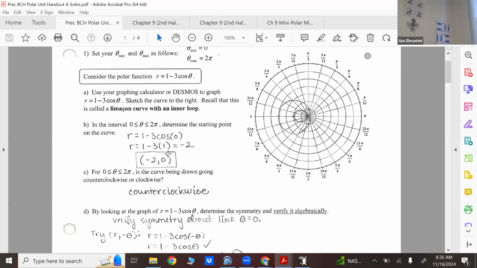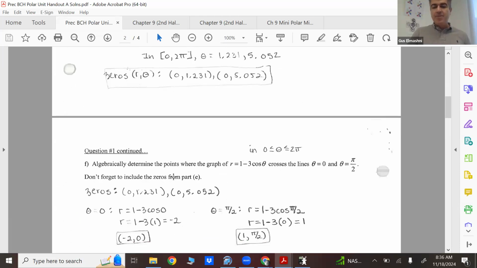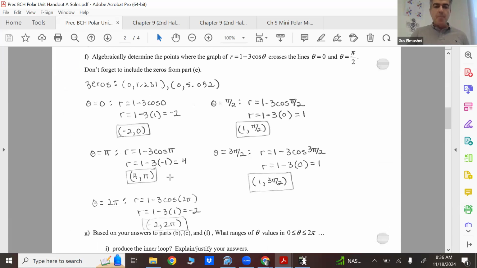When theta equals pi over 2, you got to investigate pi over 2, of course, and what else do you investigate? 3 pi over 2, 100%. Do you put in 2 pi? Yes, you do, because you are being asked to do it including 2 pi. So yes, we have to do that. And that's easy. It's not hard, just plug and chug. You have a calculator anyway, so it's not a big deal. But that's what you have to do. So you're going to have to give me 5 answers, actually.